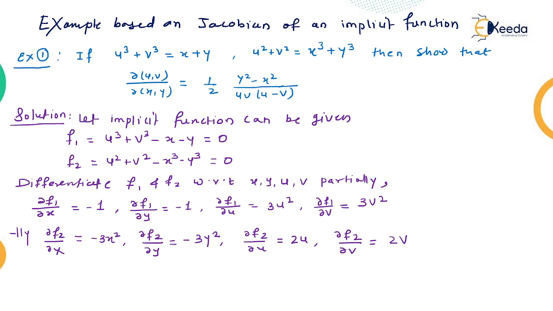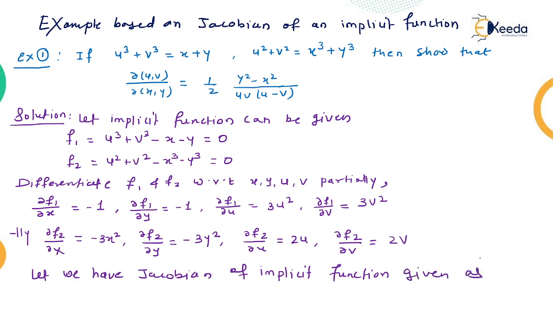Now we know that the Jacobian of an implicit function can be given as follows. Dou(u,v) upon dou(x,y) is equal to (minus 1) whole square into numerator upon denominator.